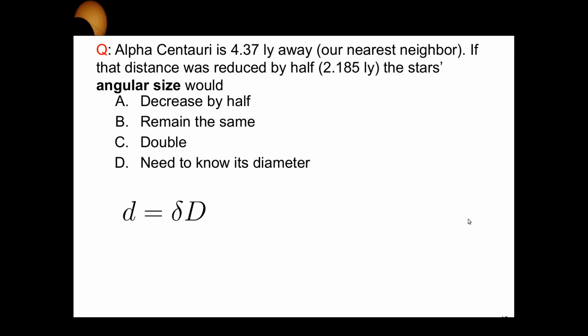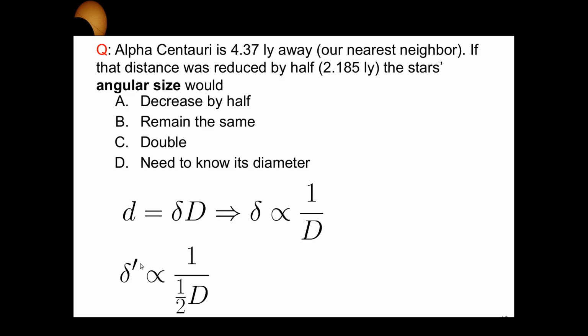So, equation. The size, how big that object is, is equal to its angular size times the distance to it. Rewriting that around, we say, look, the angular size is proportional to 1 over the distance to the object. I don't care about the size of Alpha Centauri because it's not changing in this problem. So we can just say angular size is proportional to 1 over the distance to it. Now let's calculate the new angular size.